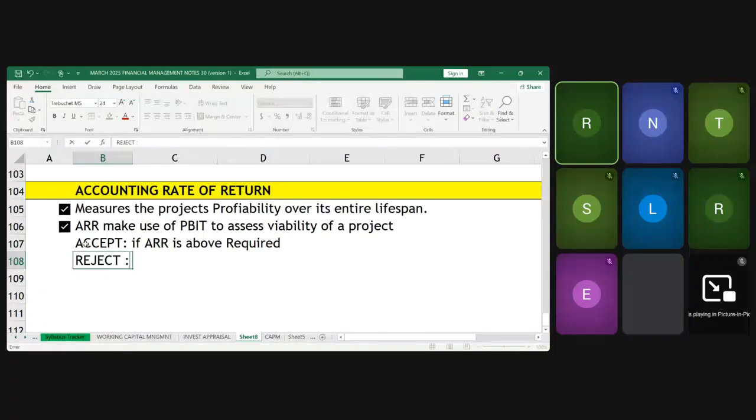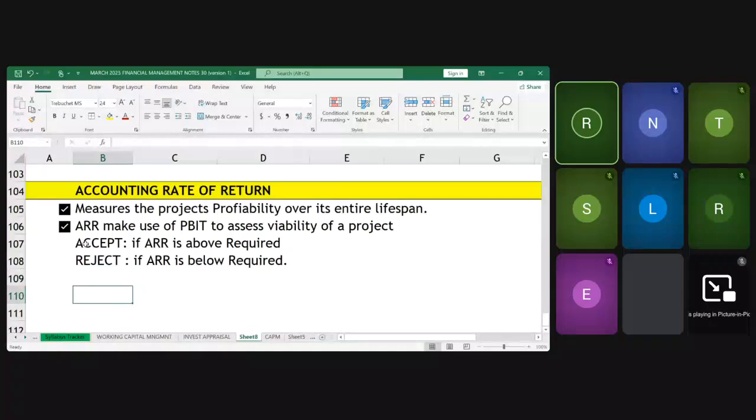If ARR is below required, reject. So we are going to set our required return for each project. If it exceeds the minimum returns, we are going to accept. If it doesn't, then we reject the project.